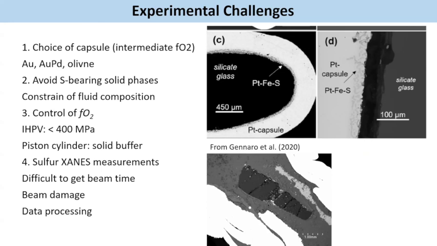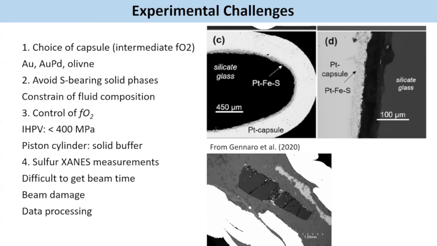The second issue of doing this kind of experiments is to avoid sulfur-bearing solid phases like sulfide or anhydrite in the experimental charges, because these solid phases can take a lot of sulfur, causing an overestimate of your partition coefficient. However, they are very difficult to quantify.